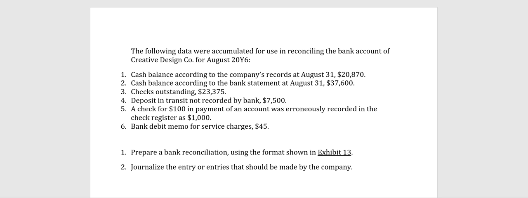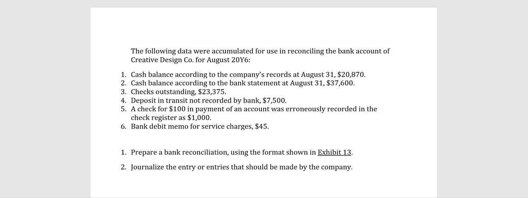So the bank, therefore, is unaware that those checks have even been written. So that's going to be an adjustment to the bank side of our reconciliation, because the minute that supplier or that vendor cashes the check that I sent to them, my cash balance is going to go down. So with outstanding checks, the bank doesn't know that that $23,375 does not belong to me.